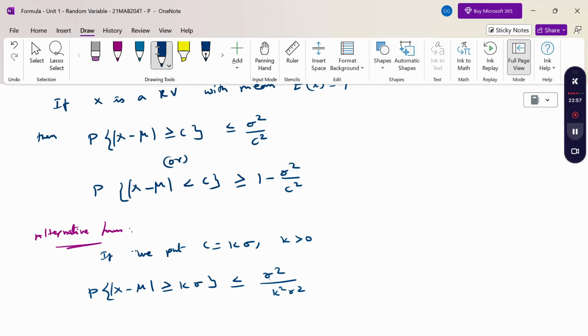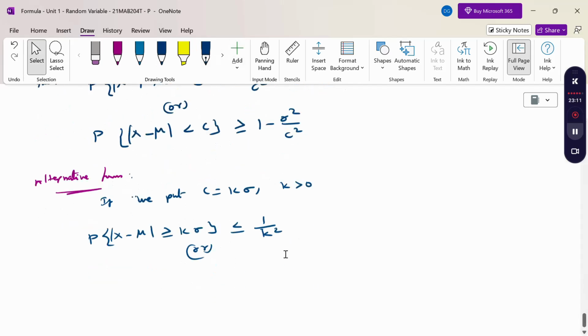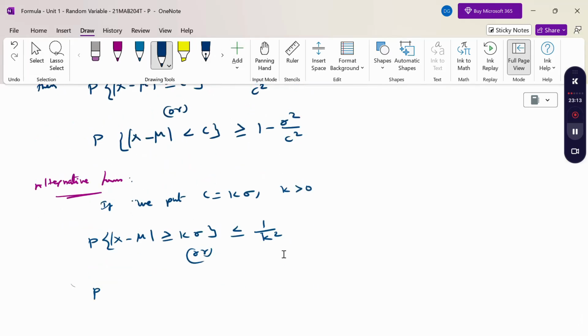Cancelling this, the value is 1 by k square. The other form: probability of modulus of X minus mu less than k sigma is greater than or equal to 1 minus 1 by k square. So this is the formula for Chebyshev inequality.